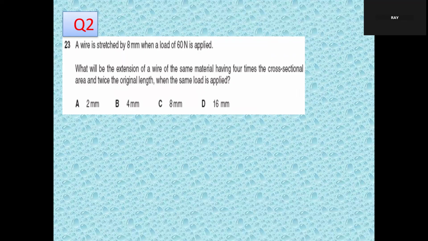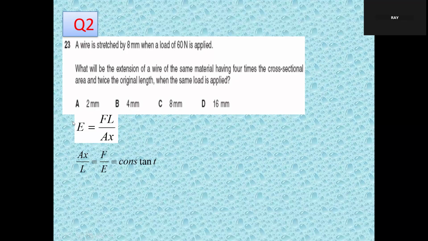Write down the formula. Make sure you try the homework at home first. If not, you are going to take a lot of time doing it in class. Take all the constants to one side. We're told the same load, same material, so same load, force, same material.